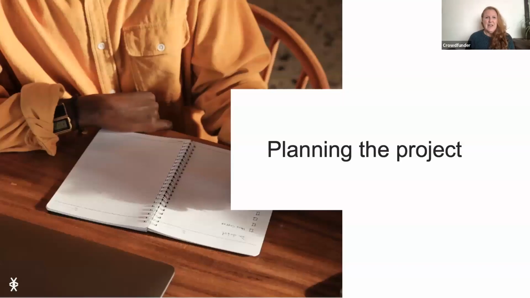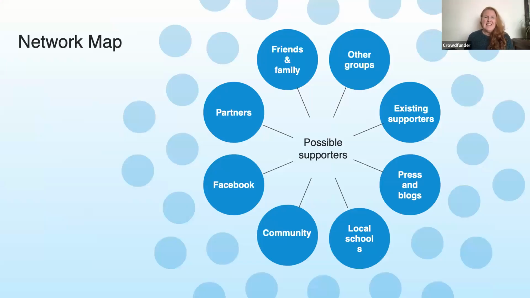Okay, so first we're going to look at planning your project. This is an example of where you would start with your network map. You want to think about the different groups within your community and who falls within each of these groups.